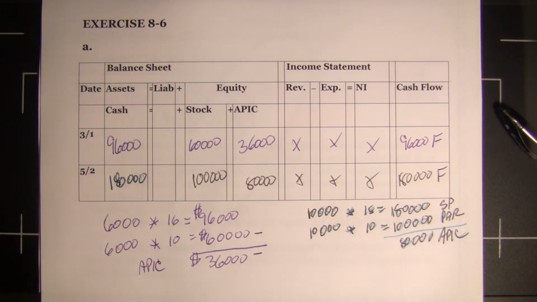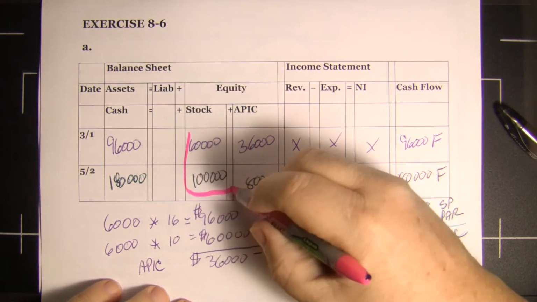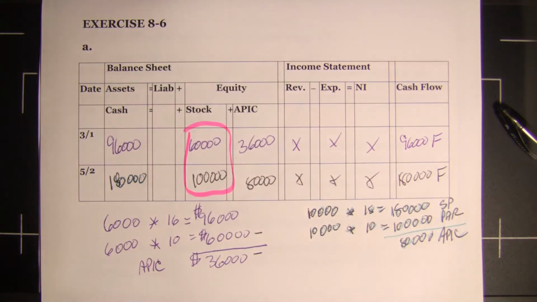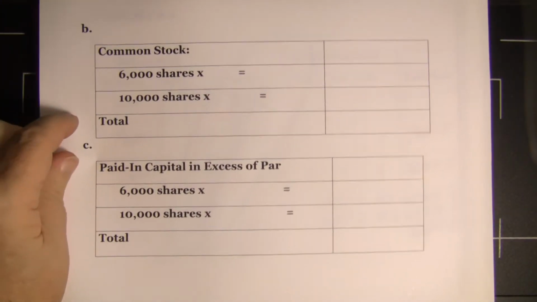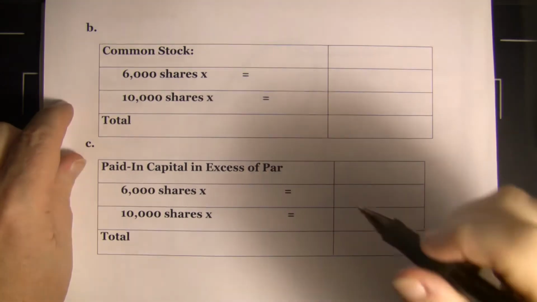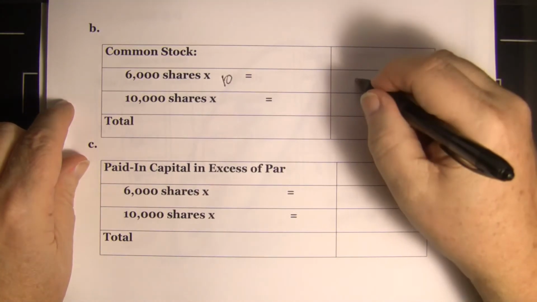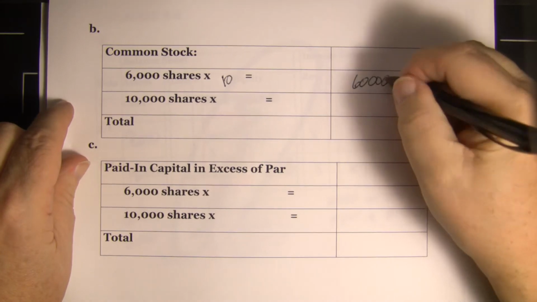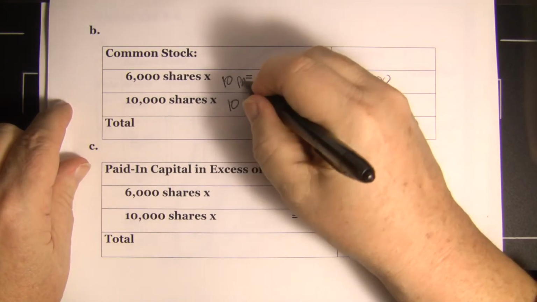Common stock, we sold 6,000 shares at $10 par, 60,000. We sold 10,000 shares at $10 par.